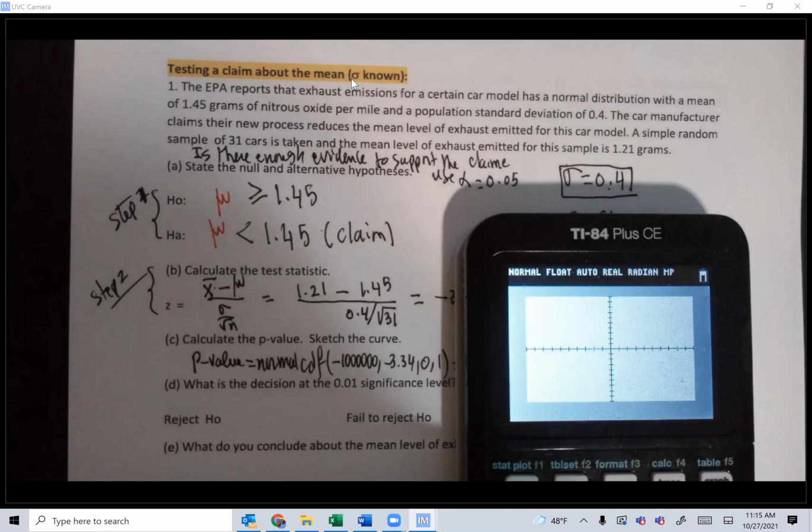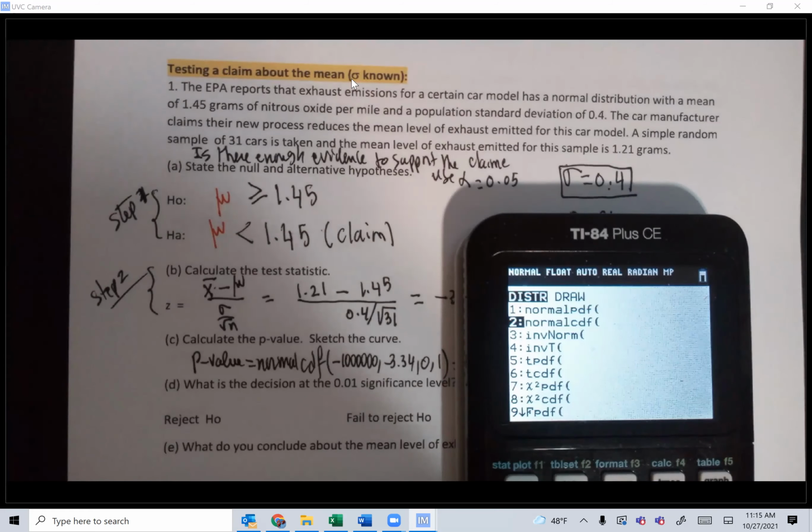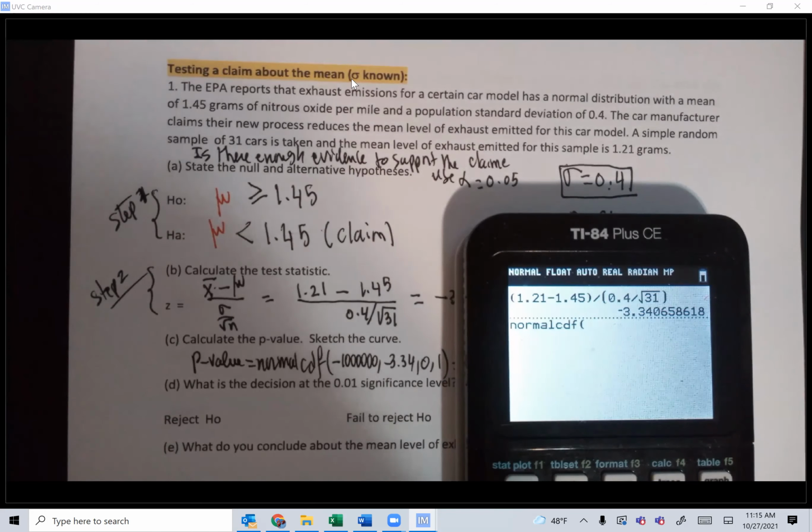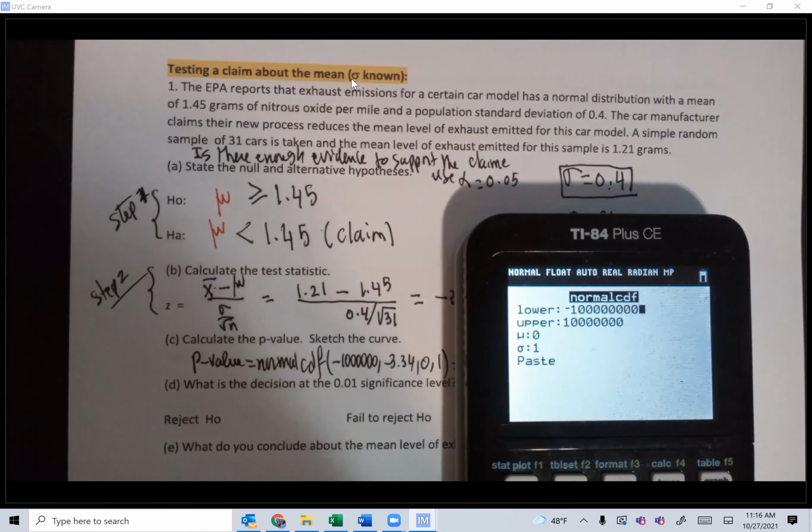Second, distribute normal CDF, negative 1 million, comma, negative 3.34, comma 0. Oh, why didn't I do this? Right here, negative 1 million, then negative 3.34 and 0.1, guys.